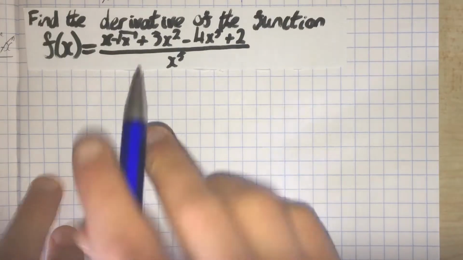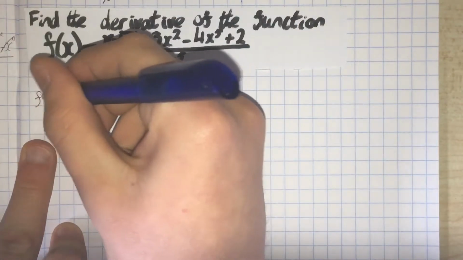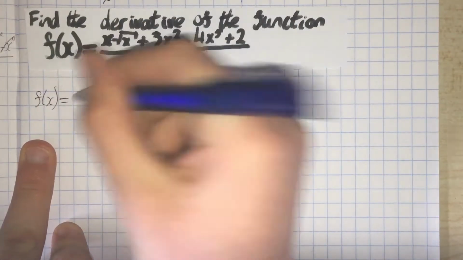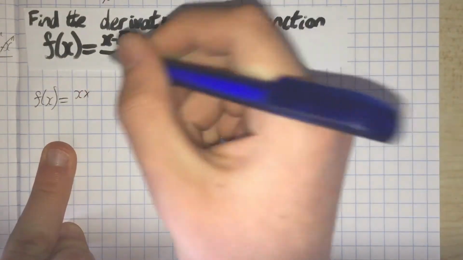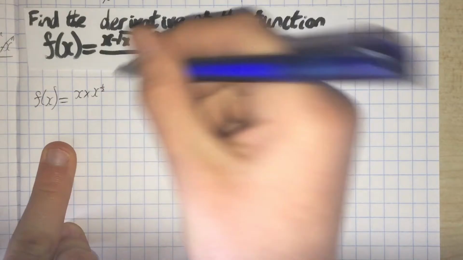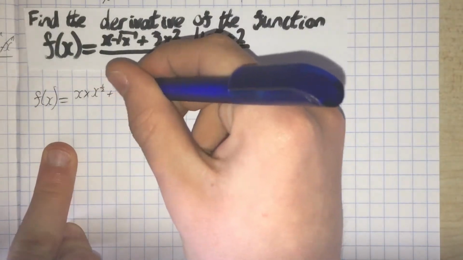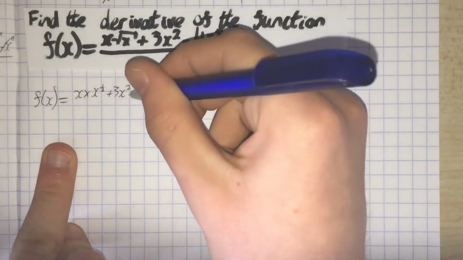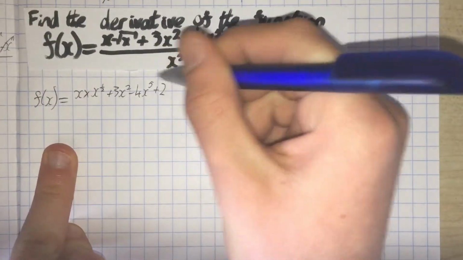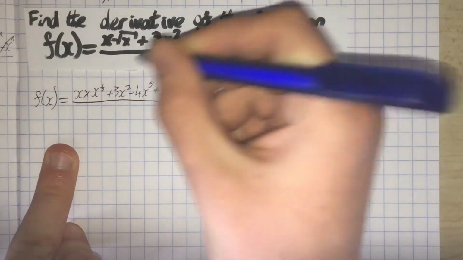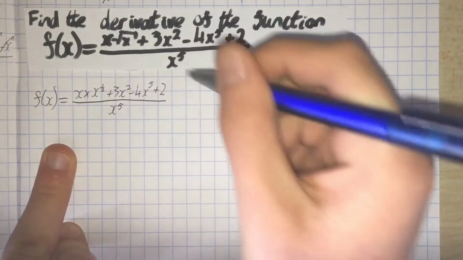Right, so we need to simplify this down, as we established earlier in one of our questions. So we have f of x is equal to x times root x, x to the power of a half, plus 3x squared minus 4x to the power of 5 plus 2 all over x to the power of 5.